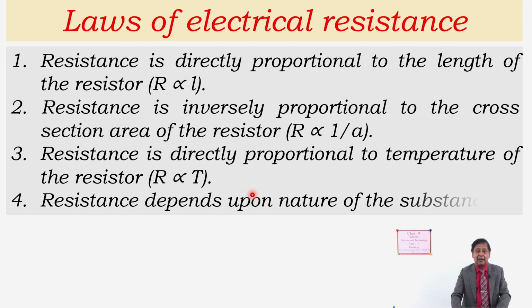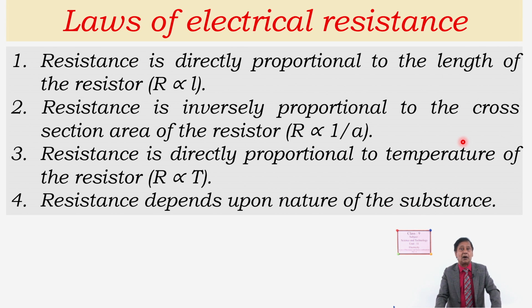Now another one, resistance depends upon the nature of the substance. What does it mean? If we have the same length, same thickness, same temperature, and one is a nichrome wire, another is a copper wire, then naturally nichrome has higher resistance than copper. Copper has negligible resistance, nichrome has very high resistance.